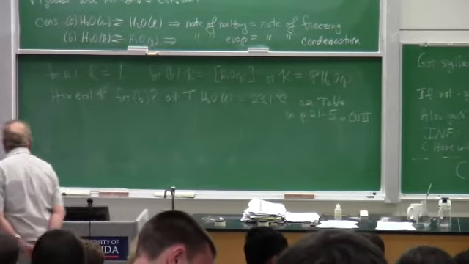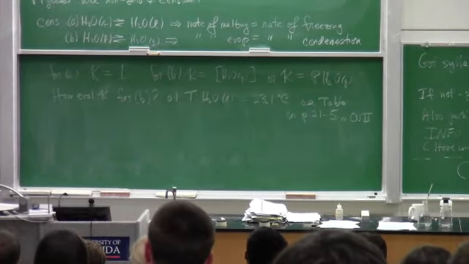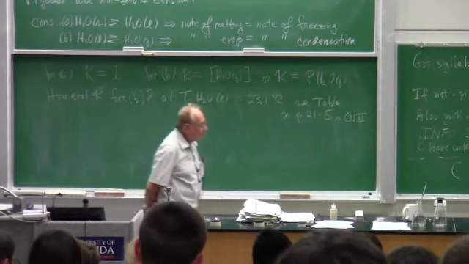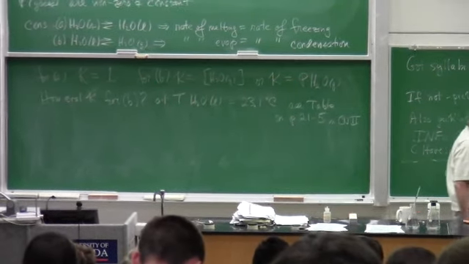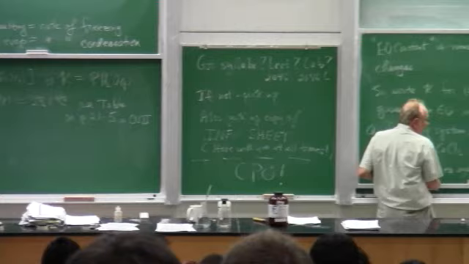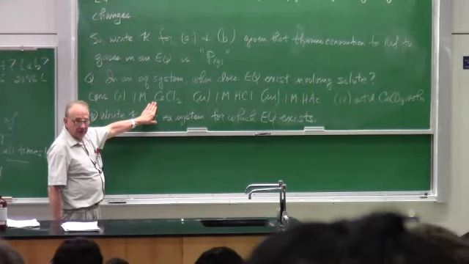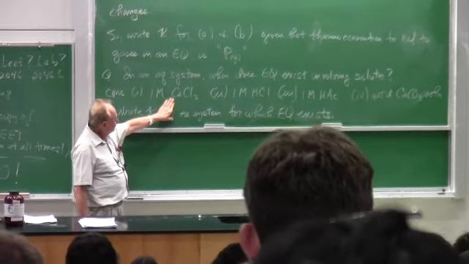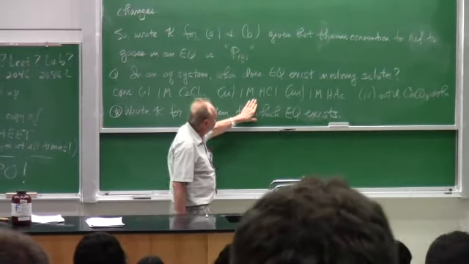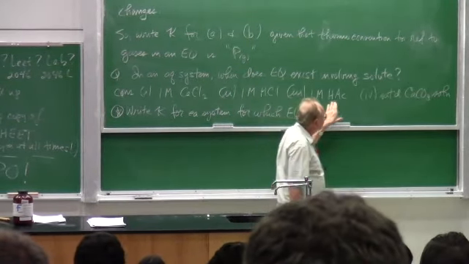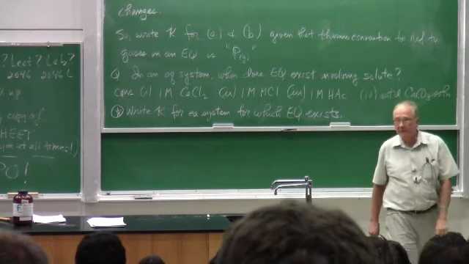Now, let's take a brief peek in the couple minutes we got left to look at these systems, which we'll look at in greater detail on Monday. 1 molar calcium chloride solution, 1 molar hydrochloric acid solution, 1 molar acetic acid solution, and saturated calcium carbonate solution.